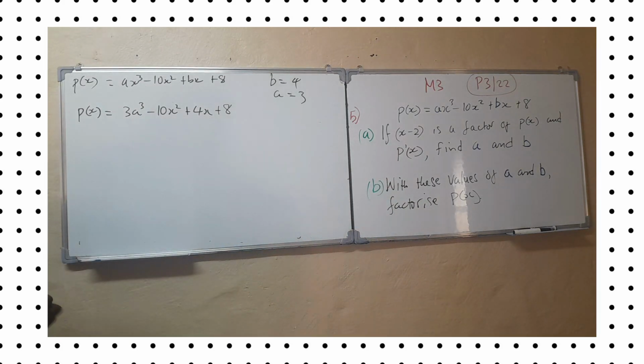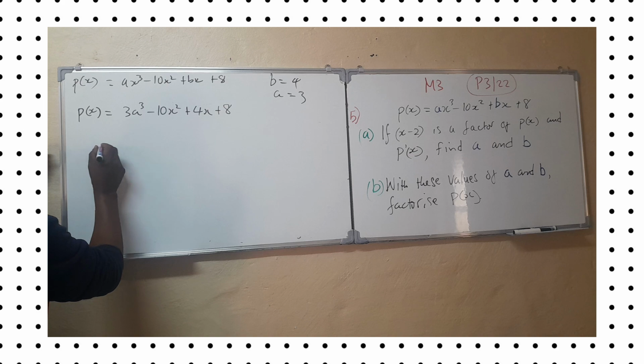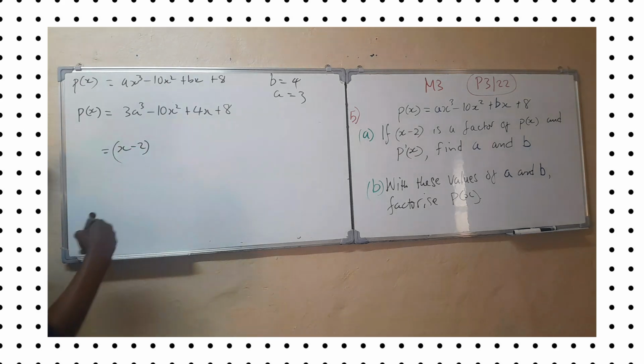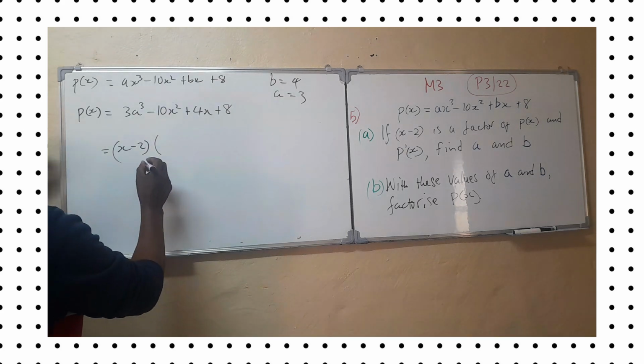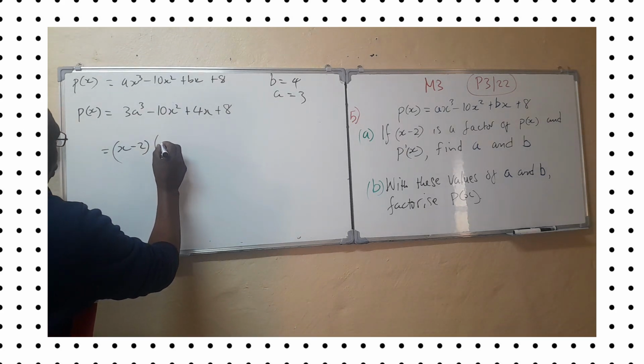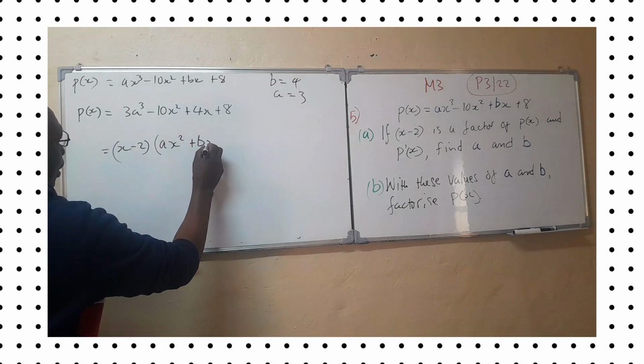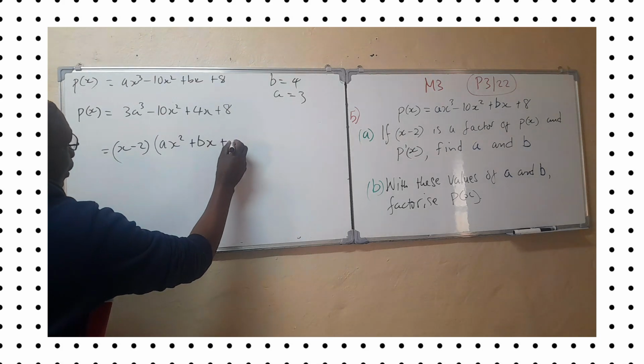So we can write p of x is equal to x minus 2 multiplied by something that we don't know, but surely it must be of the highest degree 2. So it will be of the form ax squared plus bx plus c.